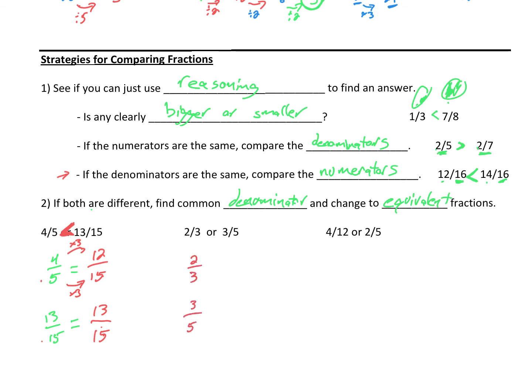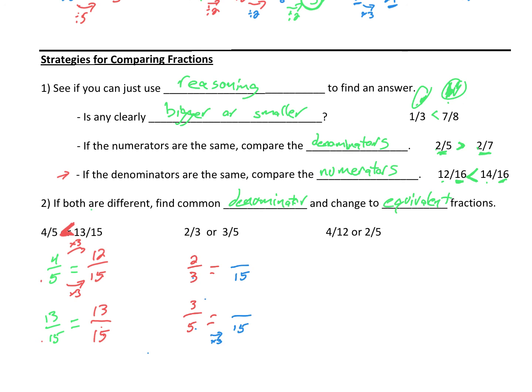Okay, let's do that again. 2/3 and 3/5. They're both a little bigger than half. Common denominator. It doesn't have to be the least common denominator. It could be any common denominator. Well, 3 and 5, we could list the multiples of 3 and list the multiples of 5. We would find that 15 works for both.